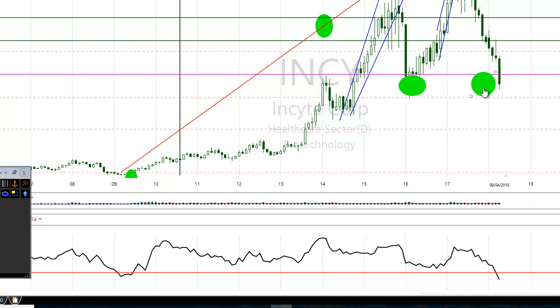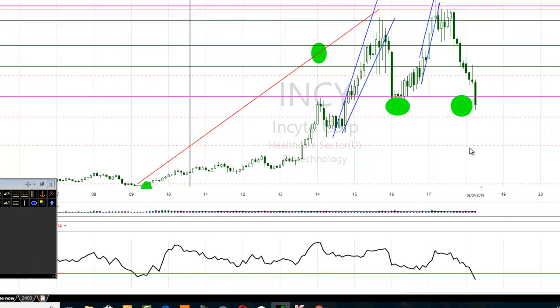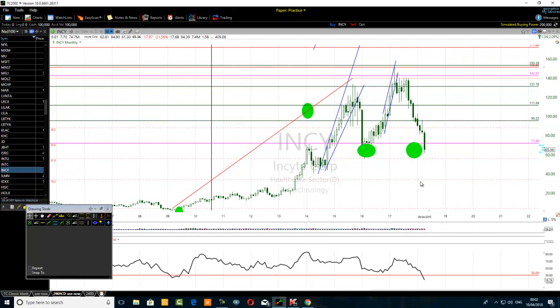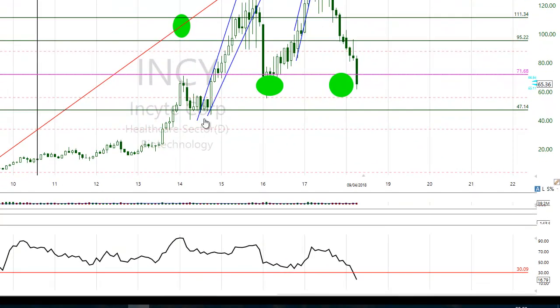So the question we want to ask is, is there another support level? Apart from the support level that the RSI indicator or the RSI oscillator is pointing to us, we want to know whether there are other support levels. Is there a better support level?